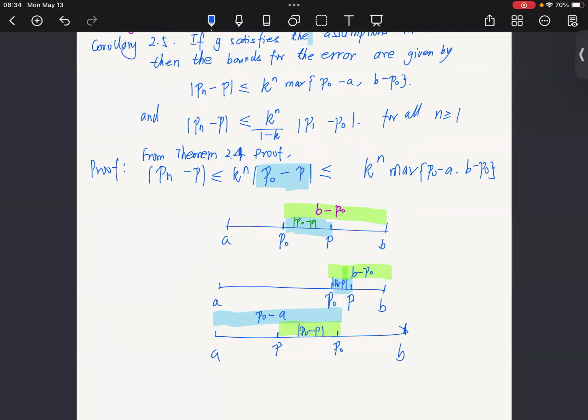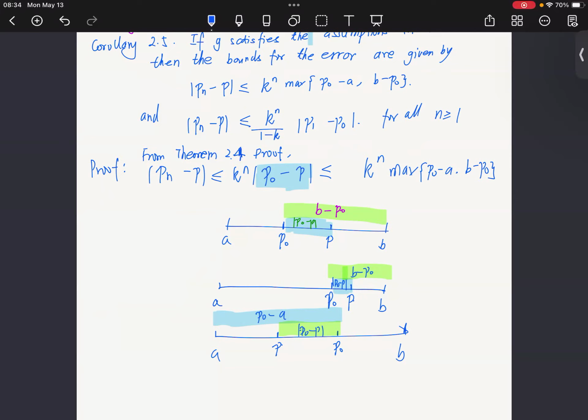For the second one, we are going to use the first iteration's result to bound the approximation's result here. This is the first iteration result. This is the initial guess, and how can we achieve this convergence rate here? We are going to prove this.